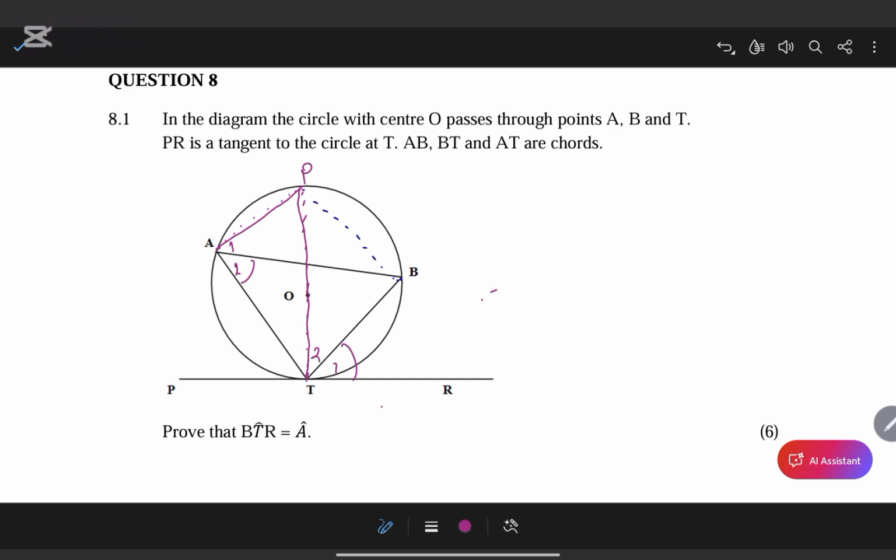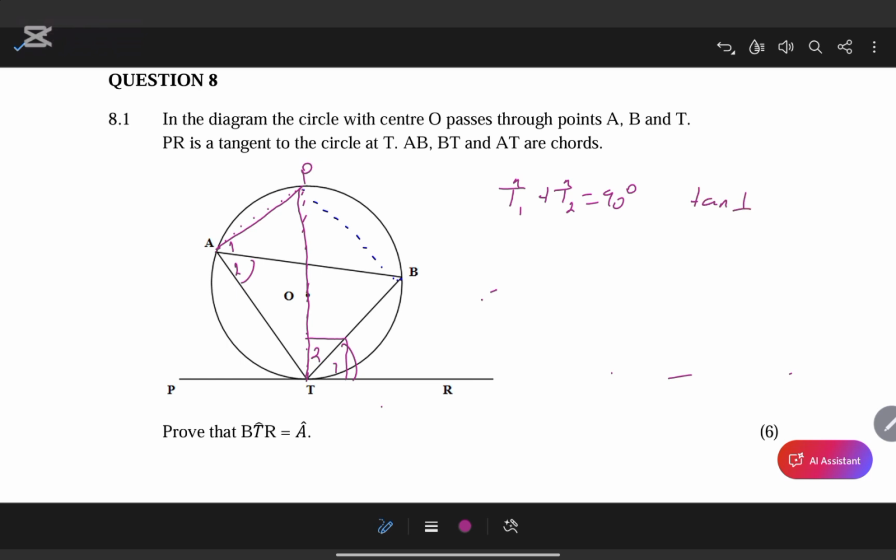Now, what do we say? We know that the relationship between the radius and the tangent at the point of contact with the circle, they make 90 degrees. So these two angles here, they make 90 degrees. So you simply say angle T1 plus angle T2 is equals to 90 degrees. What is the reason?